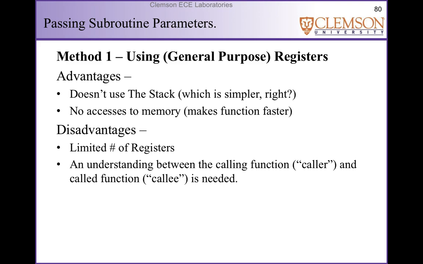But the disadvantage is that you have a limited number of registers. You can force it and use all 9 registers that you have, but most likely you're going to use those registers for different things. And by using method 1, you've got to really keep track of caller responsibilities and callee responsibilities.